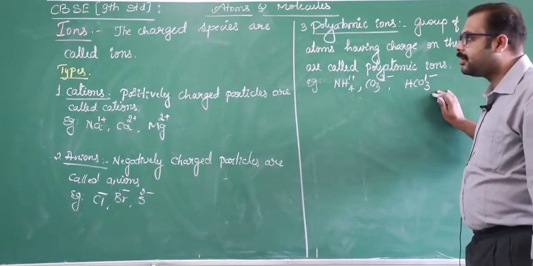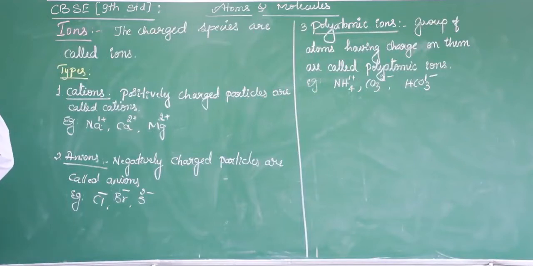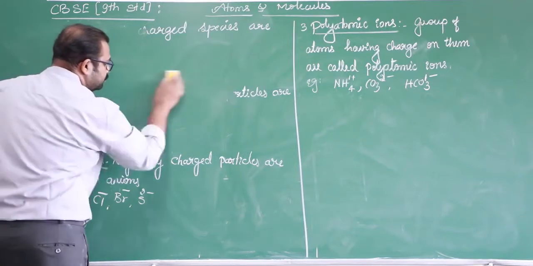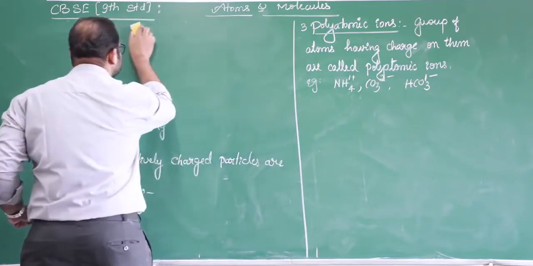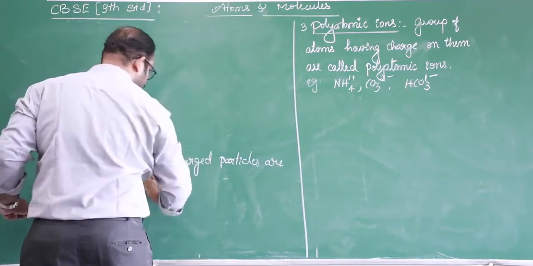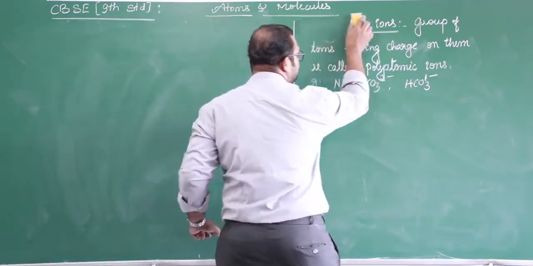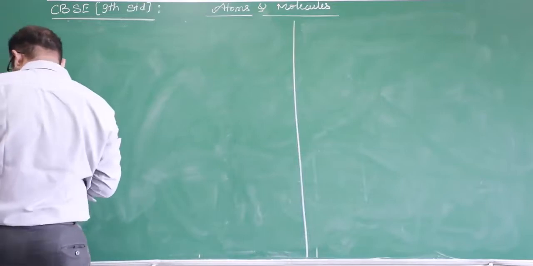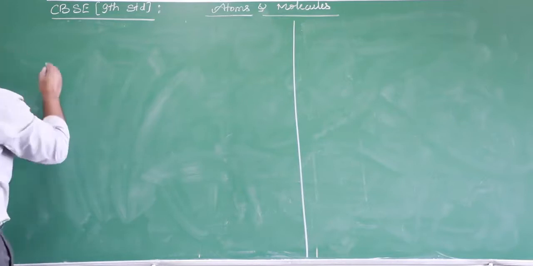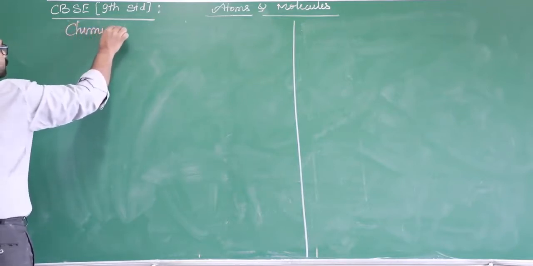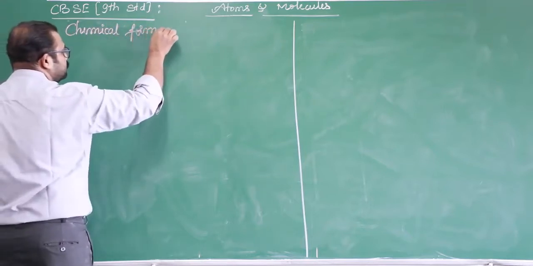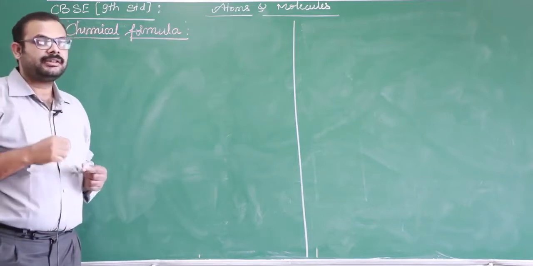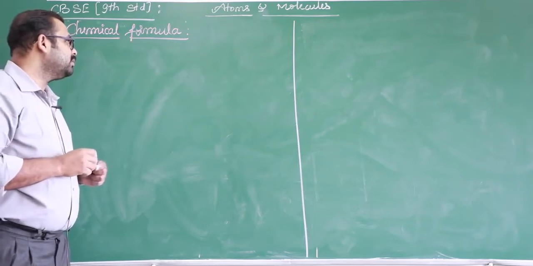Now let's see how to write a chemical formula. A chemical formula is the short form of a chemical compound.